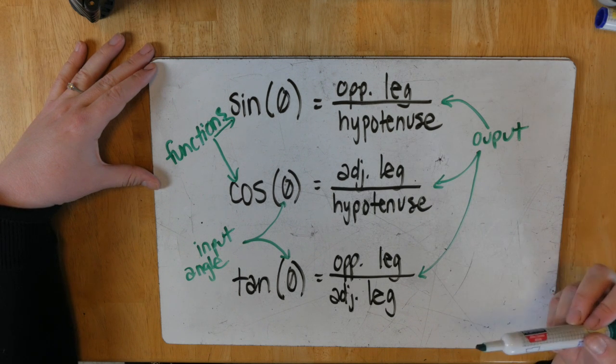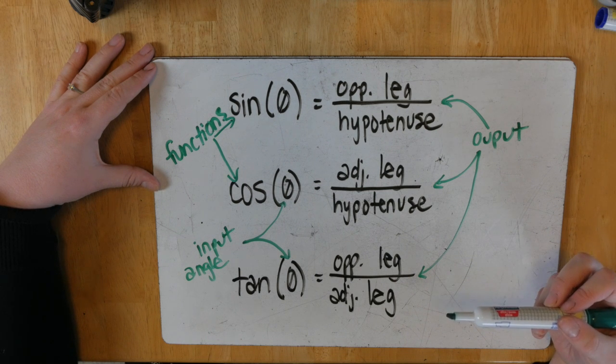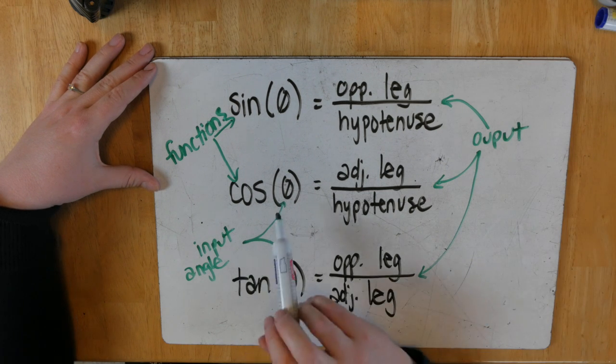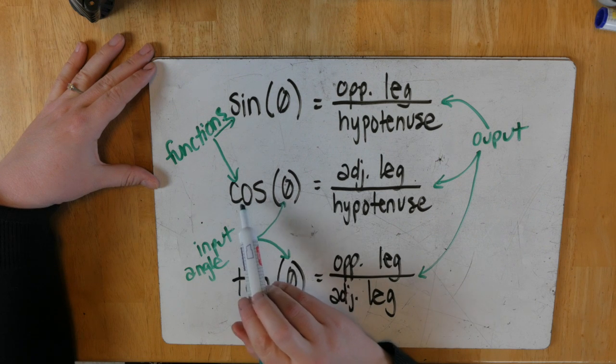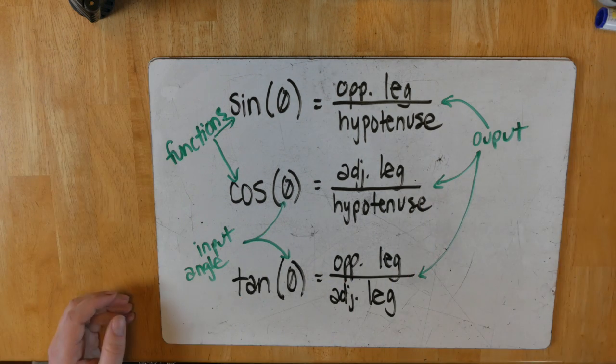So, hopefully that's a good place to come from, to remind yourself that we input an angle into a trig function and what we get out of it is a ratio comparing two sides of a right triangle.